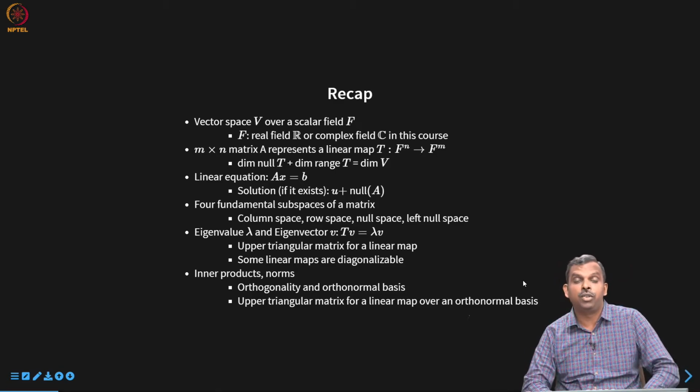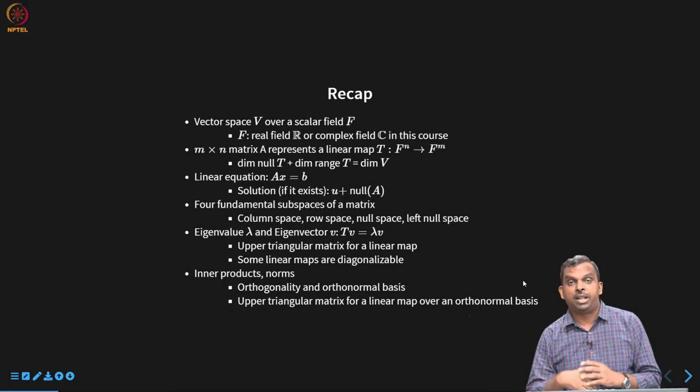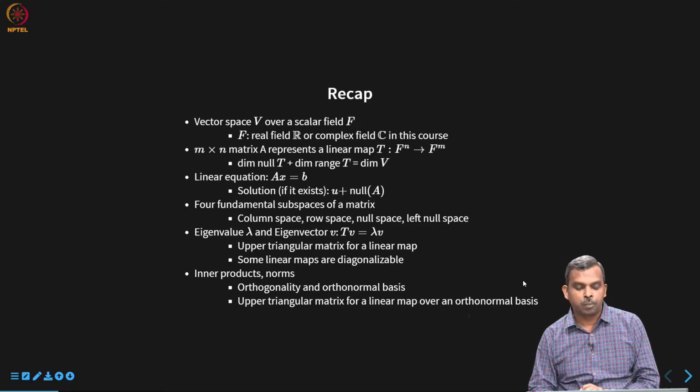Then invariant subspaces, one-dimensional invariant subspaces, leading to the definition of eigenvalues and eigenvectors, and how you can have an upper triangular matrix representation in a suitable basis for any linear map. We also saw that some linear maps are diagonal, which is also very interesting. And the latest topic we are studying this week is inner products and norms, and how orthogonality and orthonormal bases simplify a lot of descriptions, and we'll continue in that mode today.